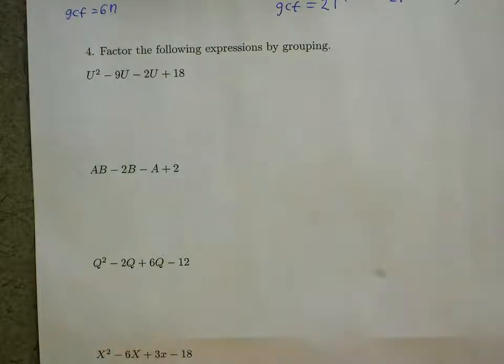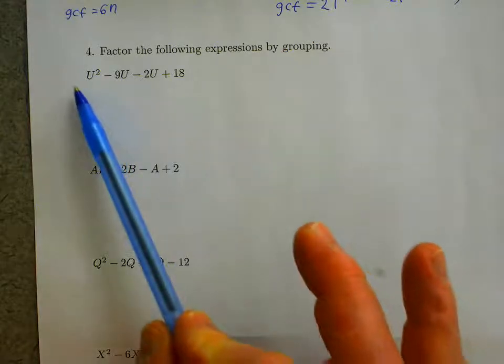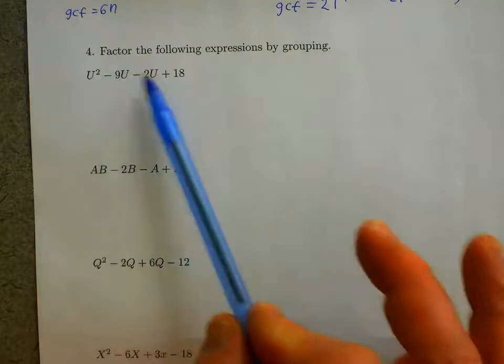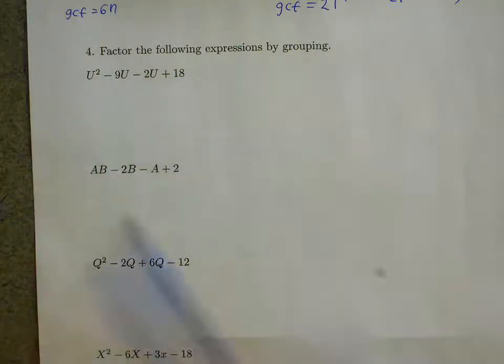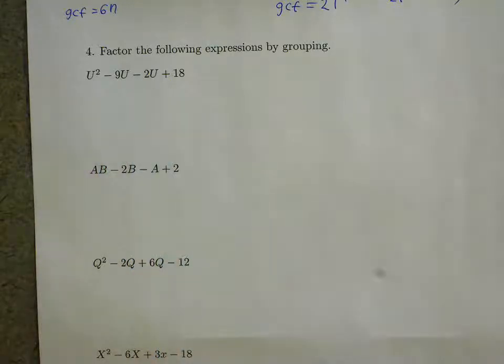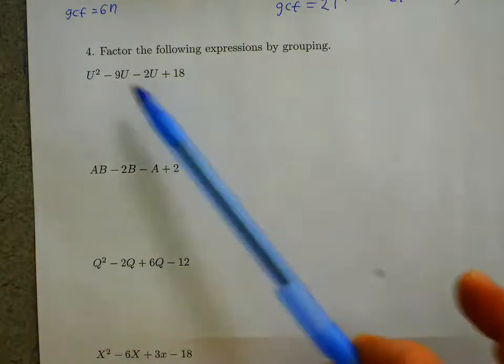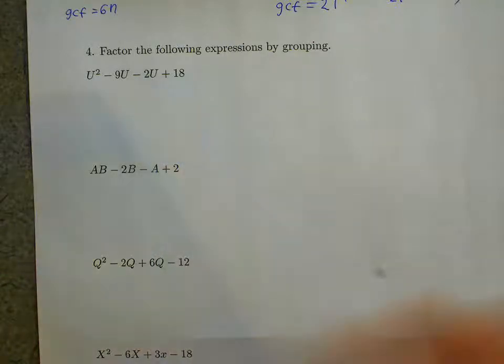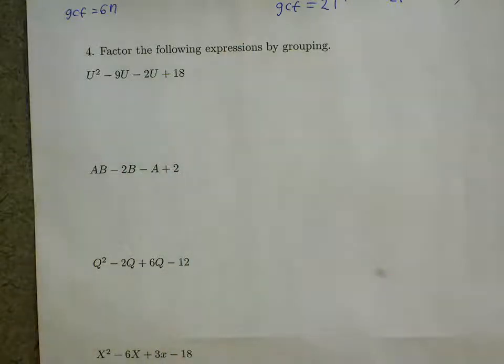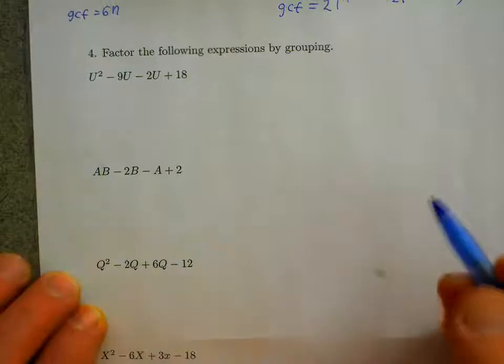So the first thing to do, remember the first step in factoring, is to factor out the greatest common factor of all of the terms. In this case, the greatest common factor of all 4 terms is just 1. But if it were something other than 1, we would want to factor it out first, and then continue to factor by grouping.